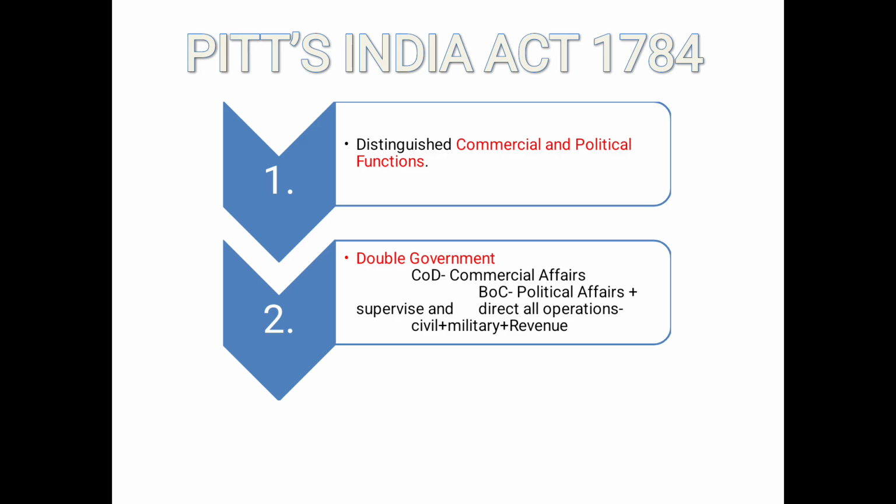You can remember that directors, as we see in companies, control the commercial affairs, whereas the Board of Control has the supreme power to manage all the political affairs. In this way, you can see that this is the start of the double government.